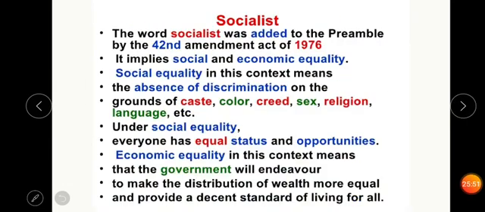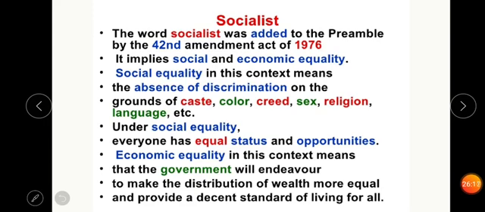Okay, so this is about sovereignty. Now we will talk about socialist. India is socialist. The word socialist was added to the preamble by the 42nd Amendment Act 1976, which I have already explained. It implies social and economic equality.